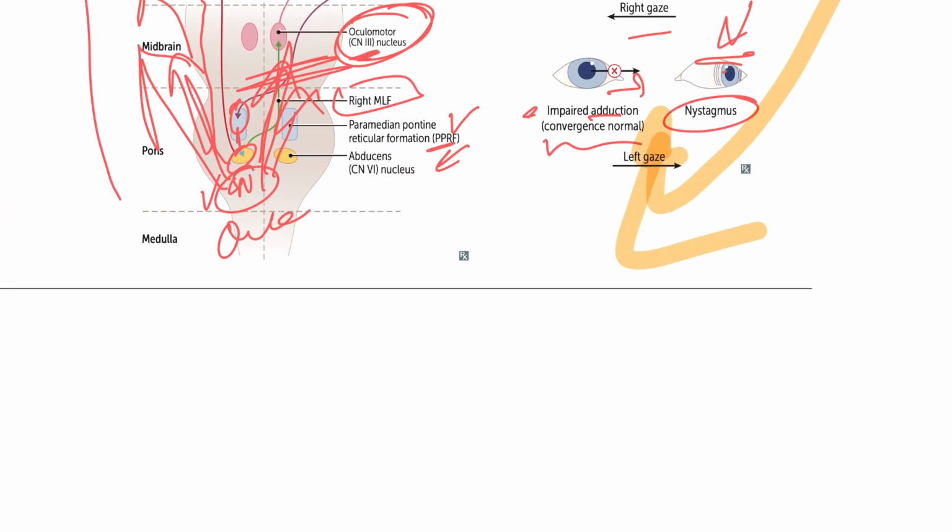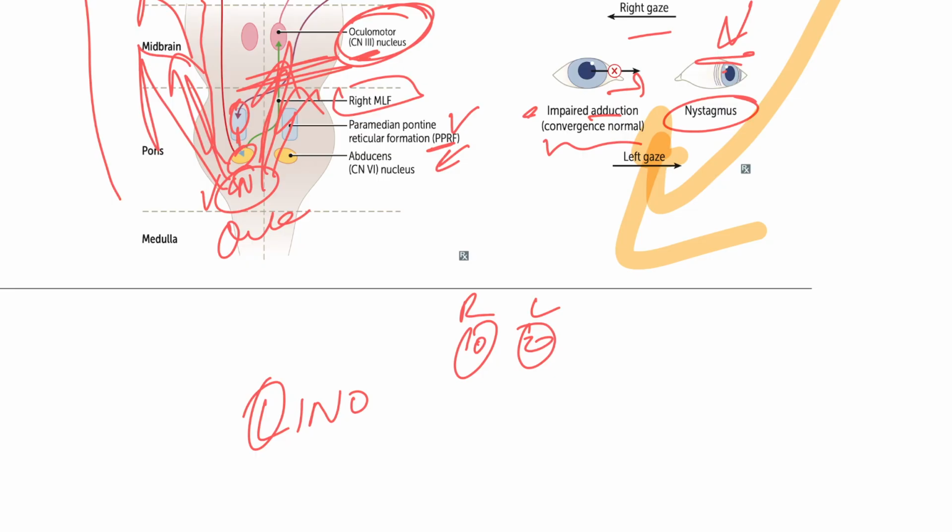So let's take a look at what's really happening, right? Let's just do a normal thing here. So we have a right eye, left eye, okay? That's normal. So let's say you have a left eye, meaning the left eye will not be able to move medially.